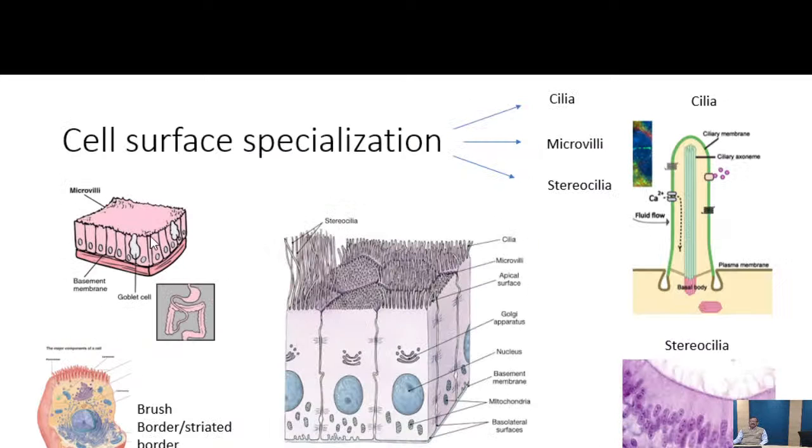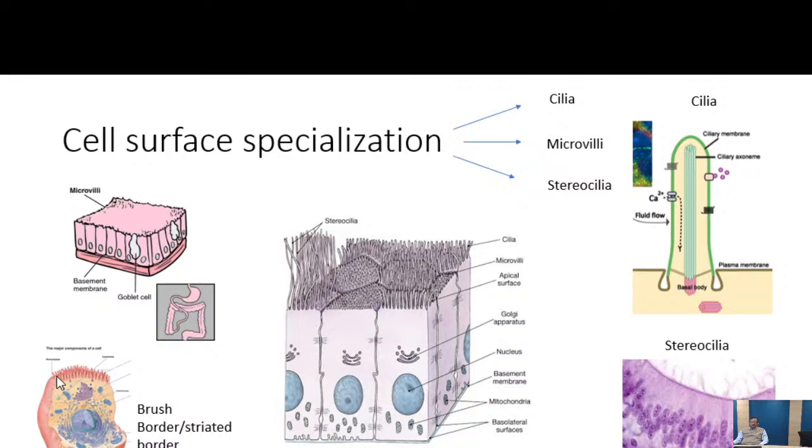Now coming to cell surface specialization, I have already mentioned the microvilli in the gut. You can see in between the simple columnar epithelium there are special glandular cells called goblet cells which release mucus. When the microvilli are very nicely arranged, they are known as a brush border, and when they are a little irregular in arrangement, they are known as a striated border.